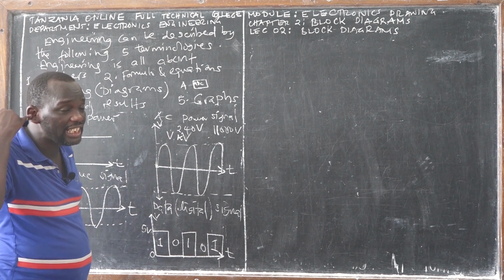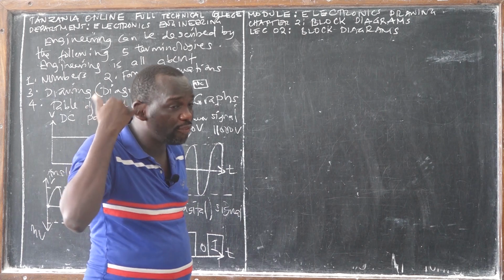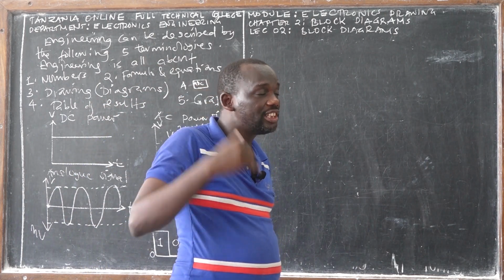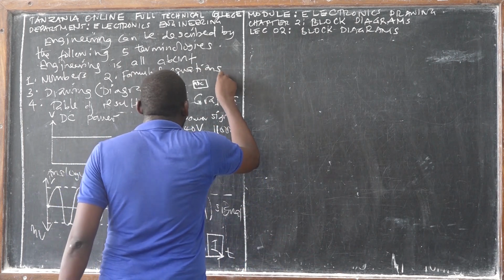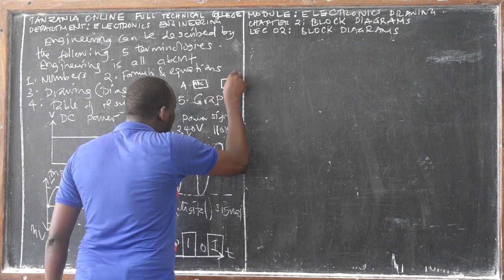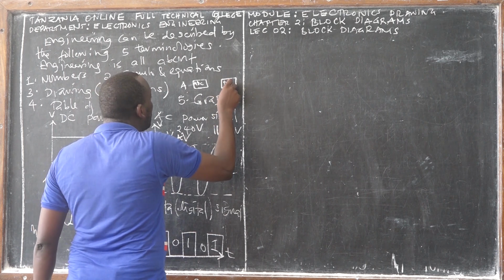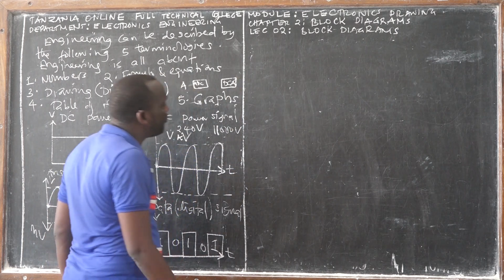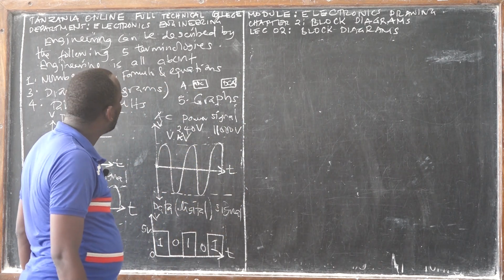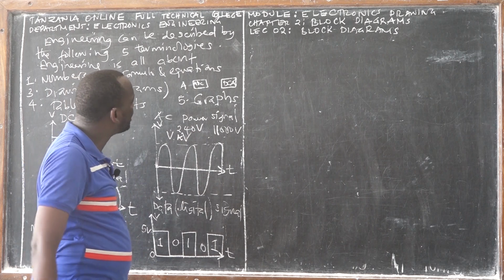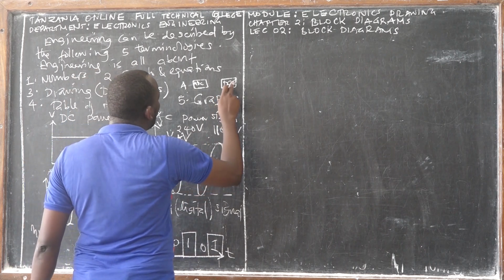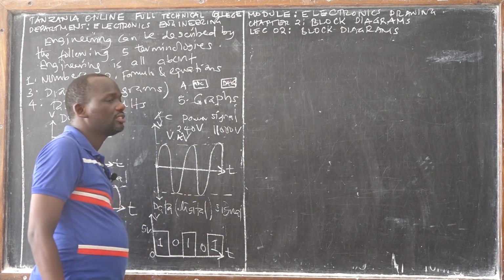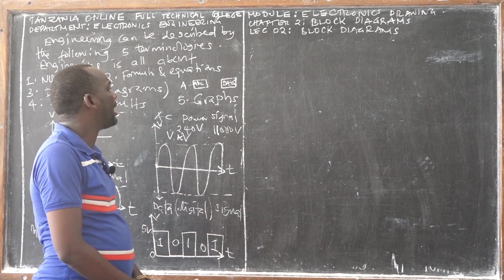Remember that your father's ear cannot hear your voice in digital form. So in your father's phone there is another converter, the digital to analog converter, DAC. This one is analog to digital, and this one is digital to analog.